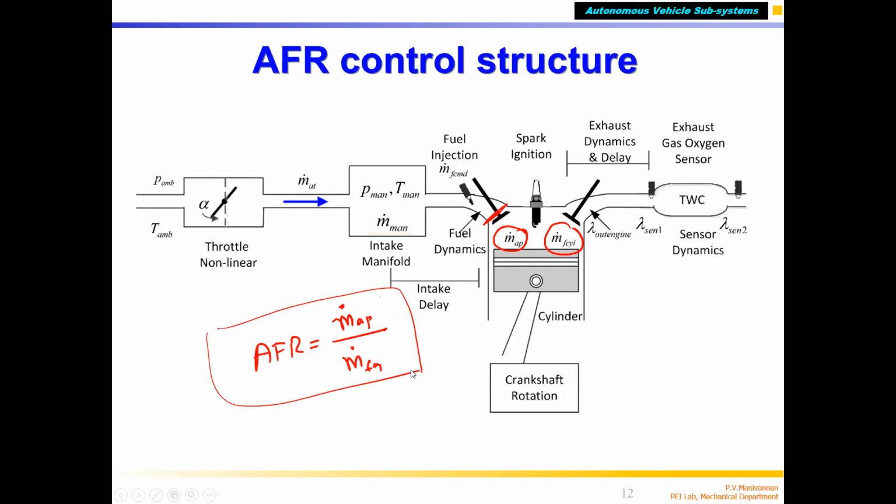But I said that if I wanted to control the engine with 15:1 air fuel ratio, correct, what I am going to do, I need to measure what is the amount of the air entered inside the cylinder, correct. This mass flow air inside the cylinder, correct, that we have to find out.